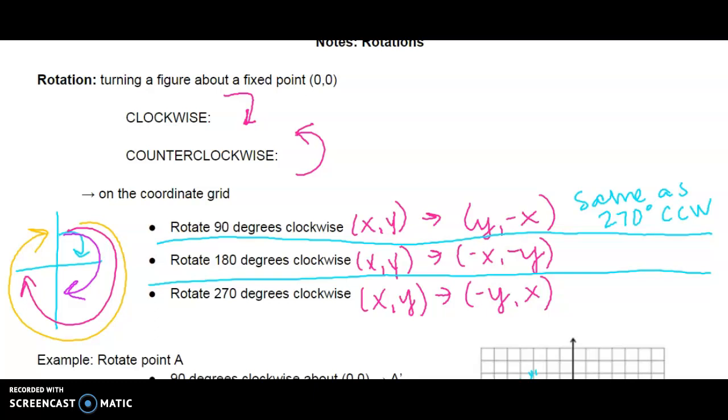And then last, if we rotate something 270 degrees clockwise, that is the same as a 90-degree counterclockwise rotation. So this pink arrow here, that's 270 degrees clockwise. That's the same as if I started here and just did 90 degrees counterclockwise. I'm going to end up in the exact same point. So the rules are the same for 90 degrees clockwise and 270 degrees counterclockwise, and then 270 degrees clockwise and 90 degrees counterclockwise.